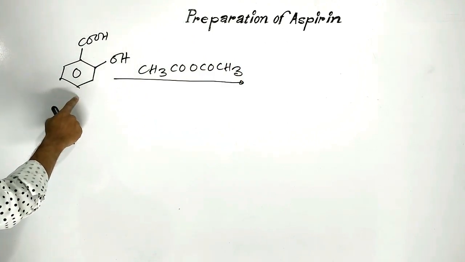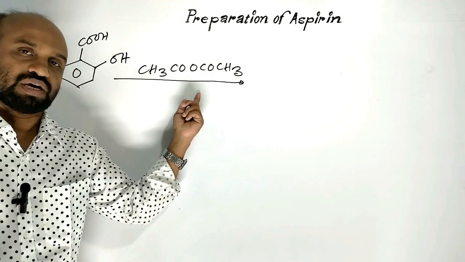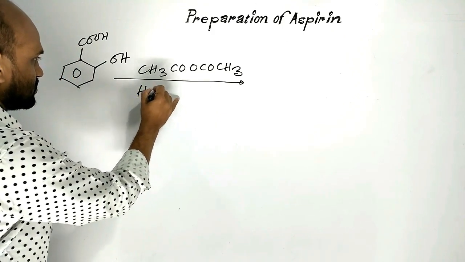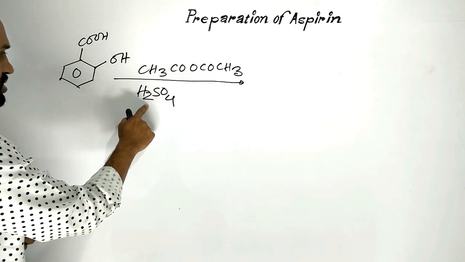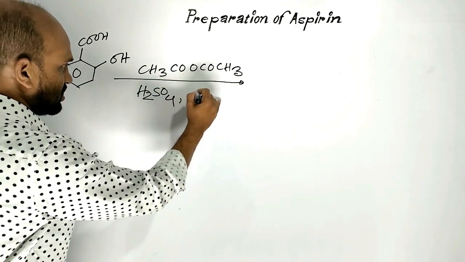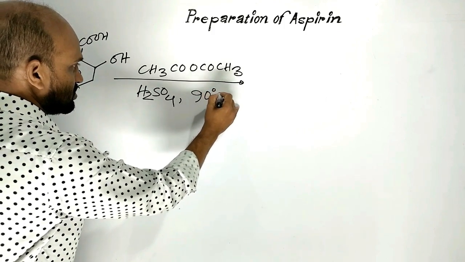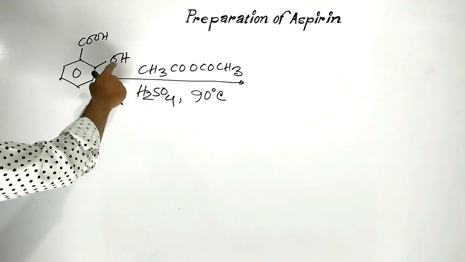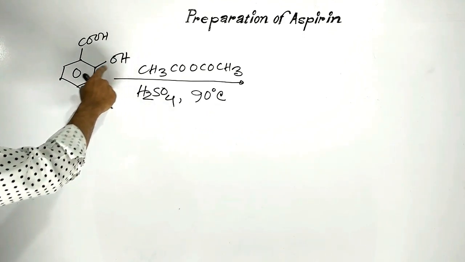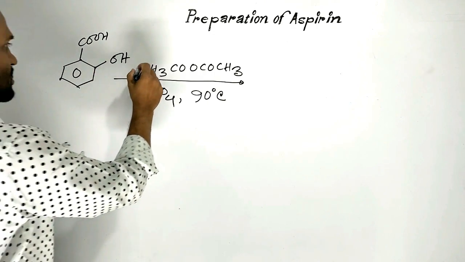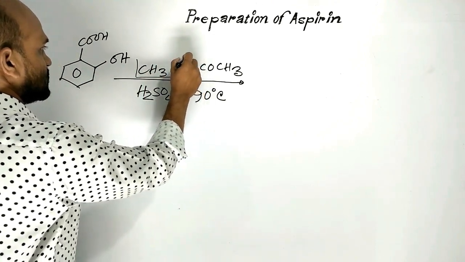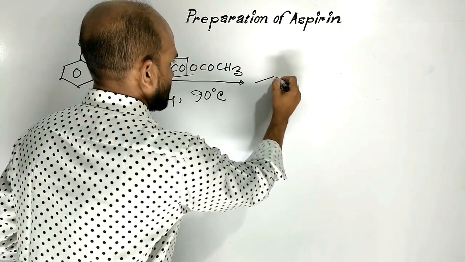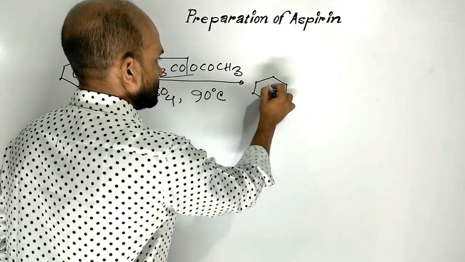Here, salicylic acid is treated with acetic anhydride in presence of an acid catalyst, and the reaction is heated at 90 degrees Celsius temperature. Then the hydrogen atom of salicylic acid is replaced by the acetyl group, CH3CO group, and aspirin is obtained.